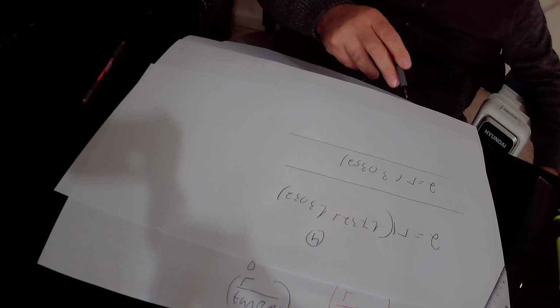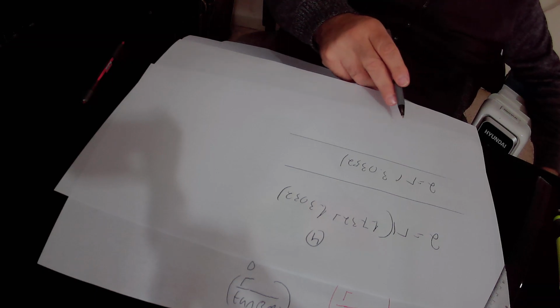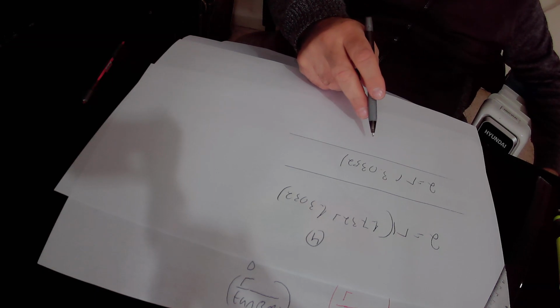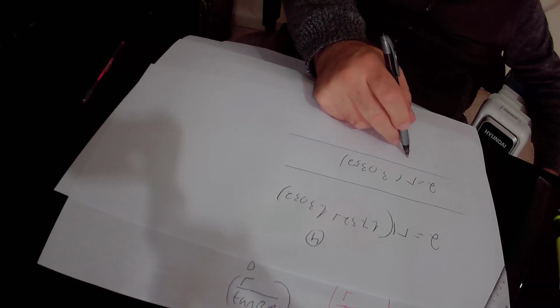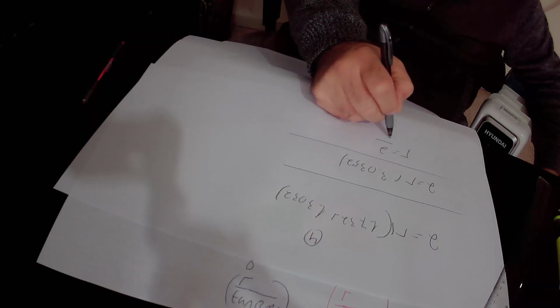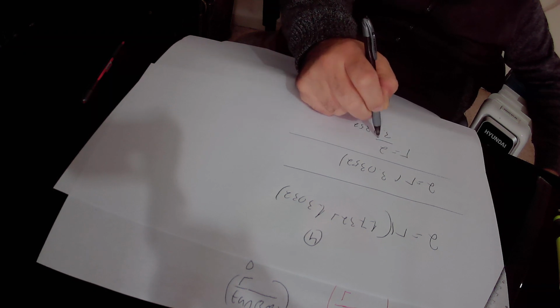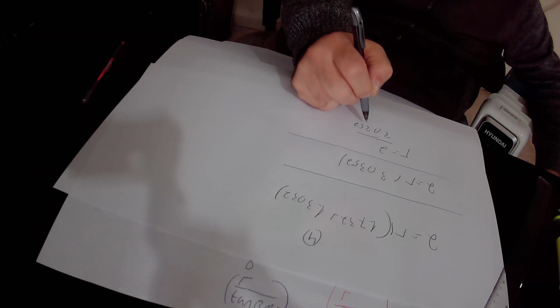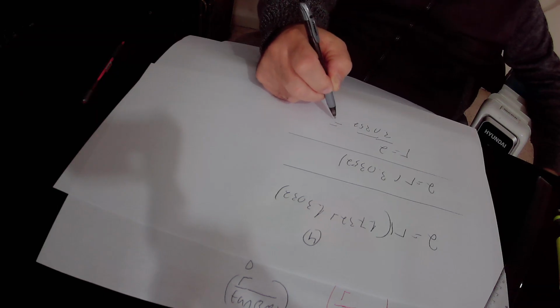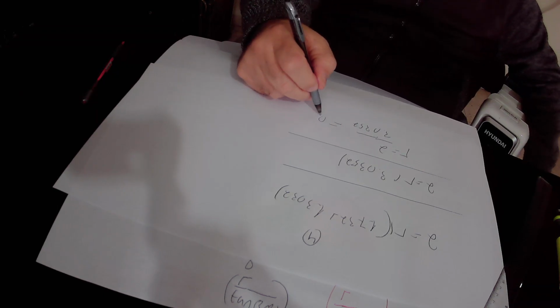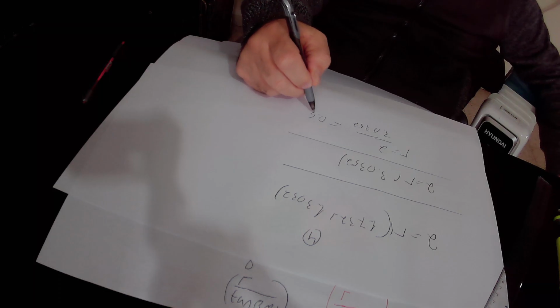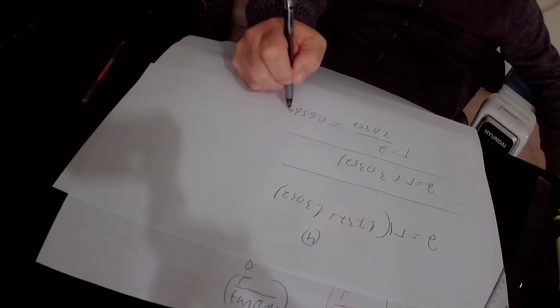We divide this equation by 3.0352 and we get that R equals 2 over 3.0352, which equals 0.6589 units.